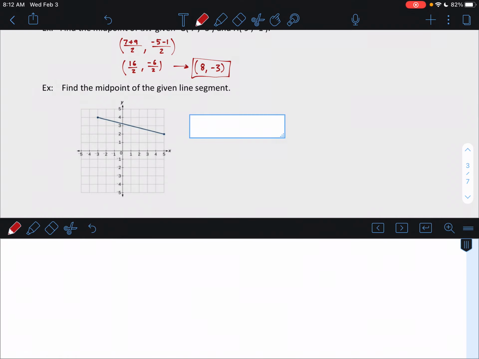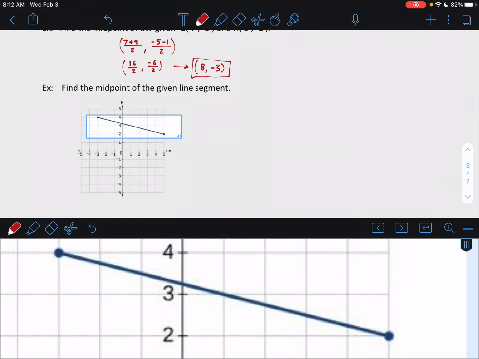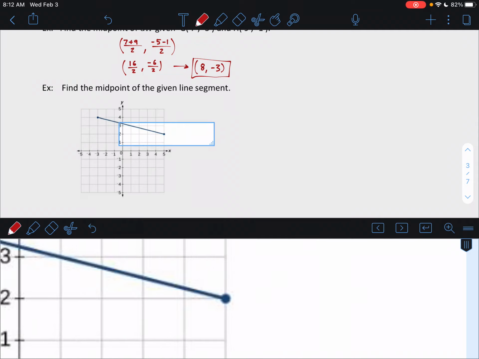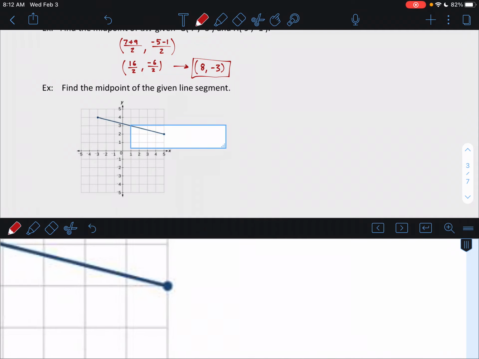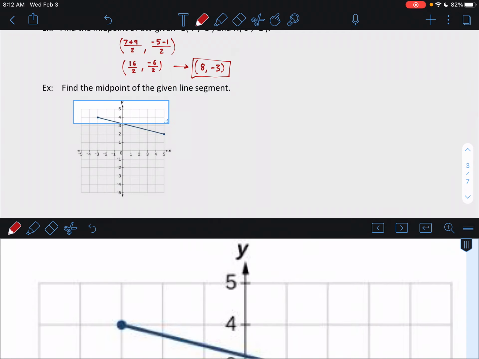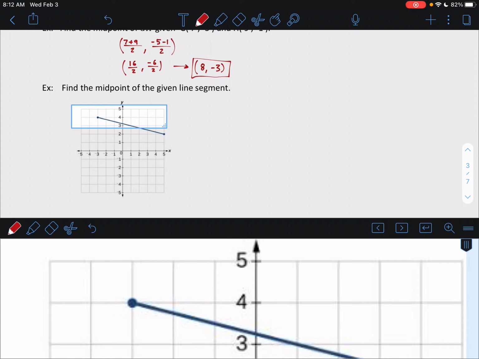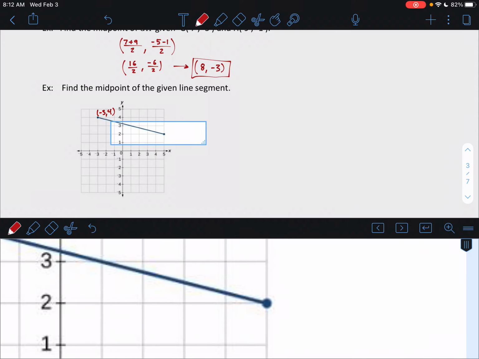The second example, find the midpoint of the given line segment. So it has this line segment graphed. I'm just going to determine what the endpoints of this segment are on this graph, and then I'm going to use that with my midpoint formula. So this first coordinate is negative 3, 4. And the second one is 5, 2.